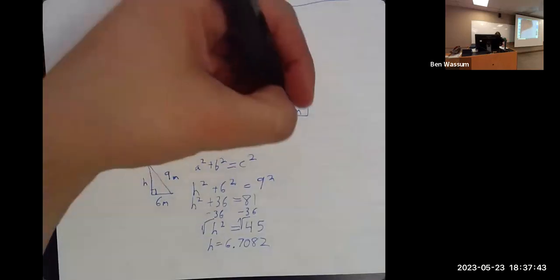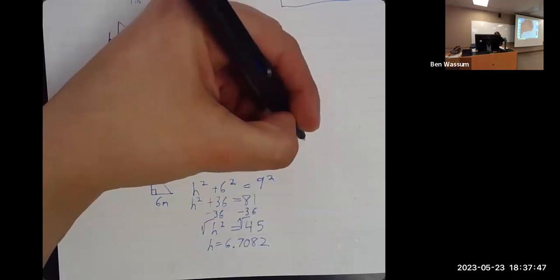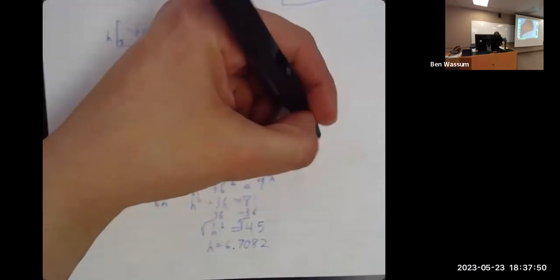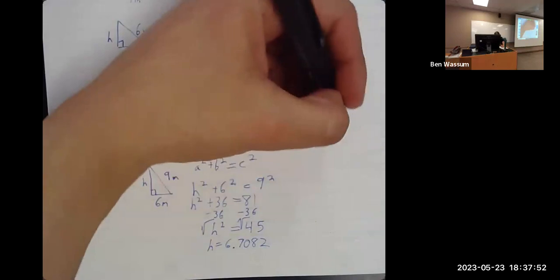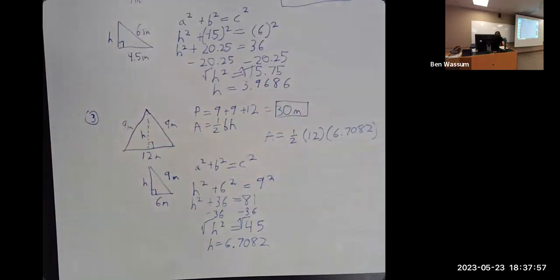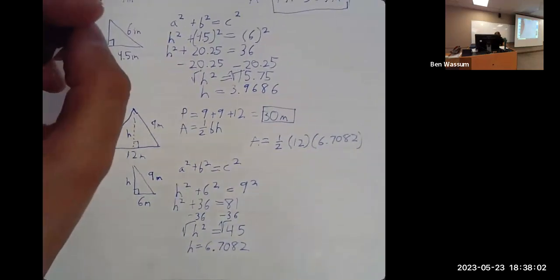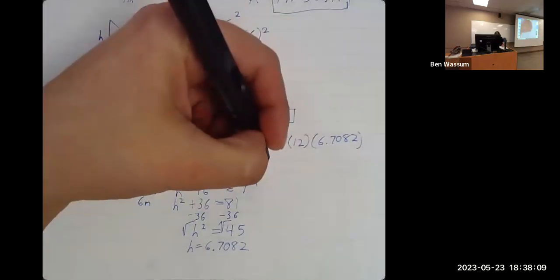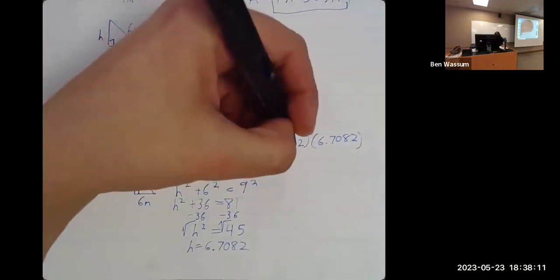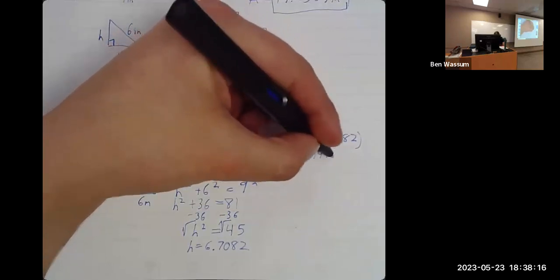So now if I need to find my area, it's going to be 1/2 the base, which is 12, times the height, which is that thing. I'll get all into a calculator and we get something around 40.2492.